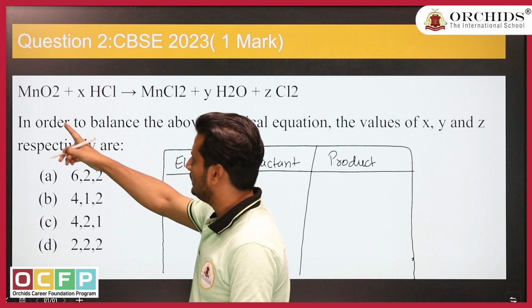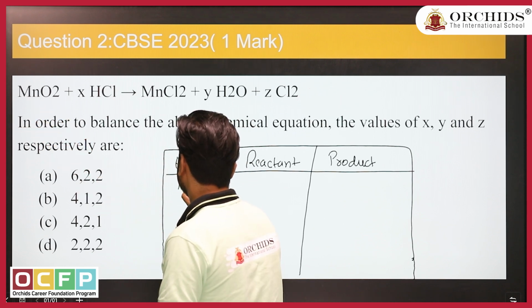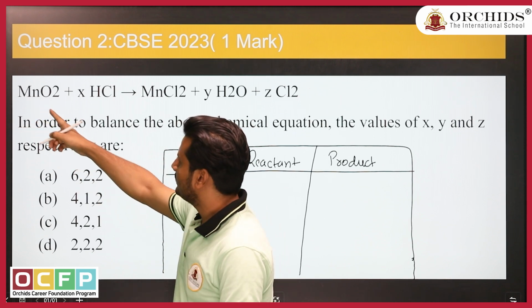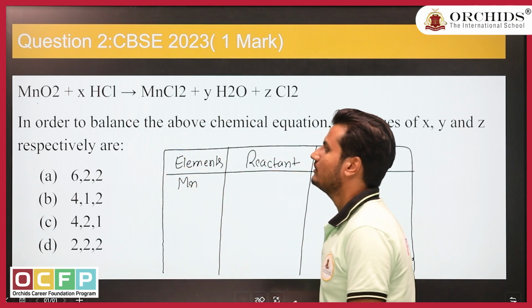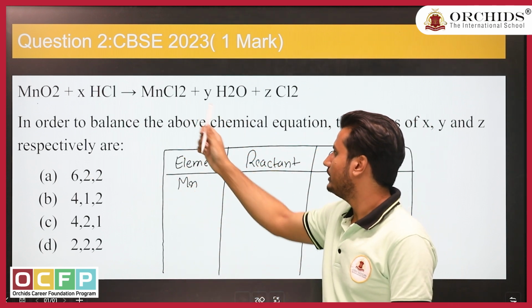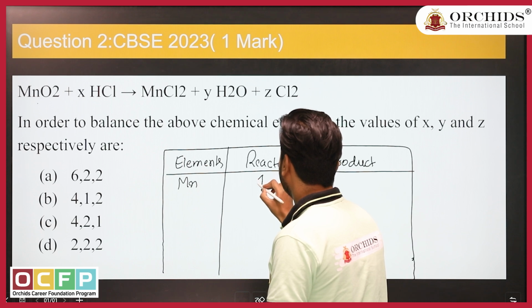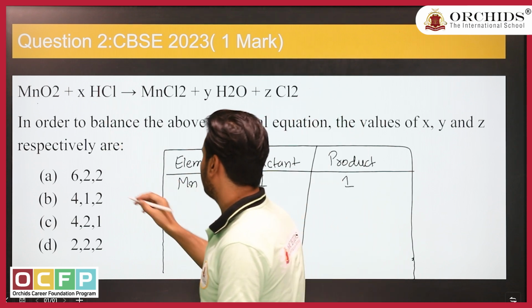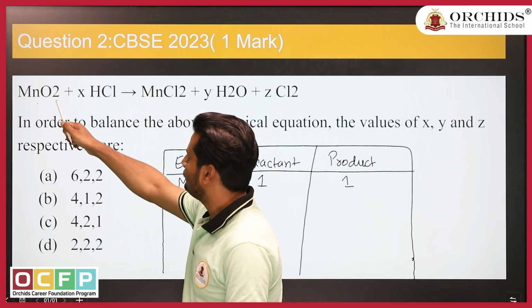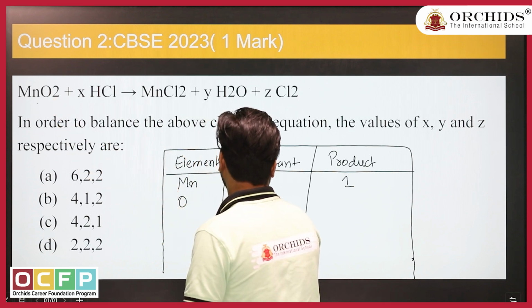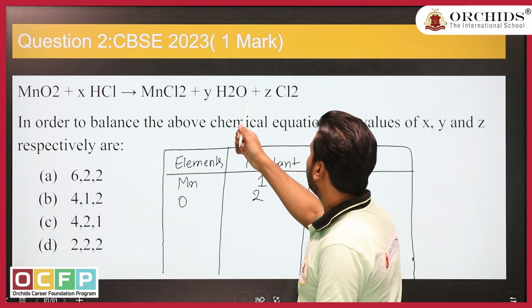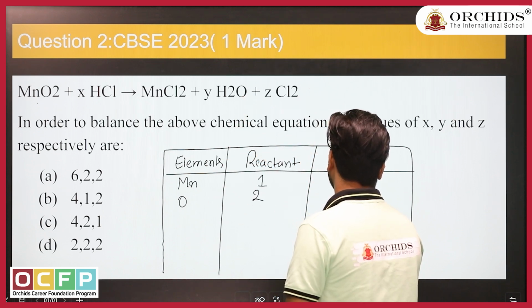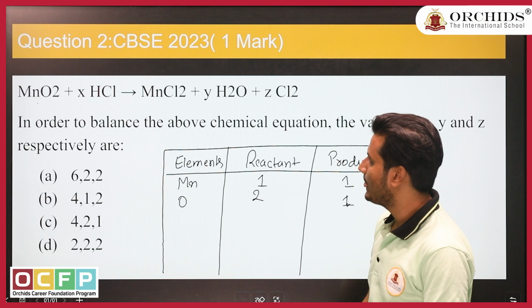Our first element is manganese, Mn. There is only one atom of manganese on the reactant side and one on the product side. Next we have oxygen. We have two atoms on the reactant side and one atom on the product side.